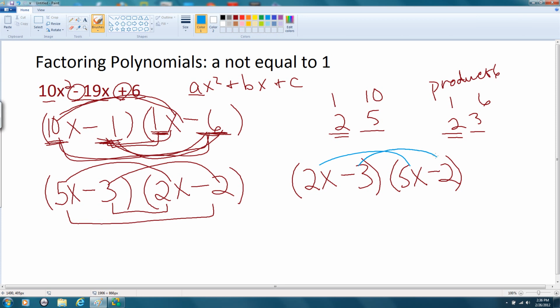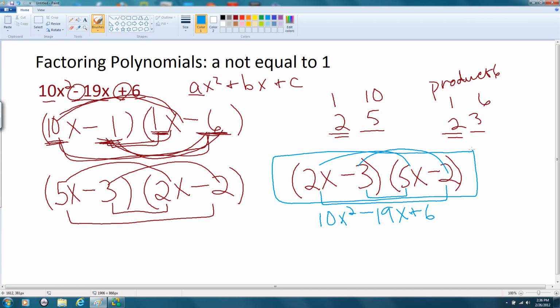Negative 3 times negative 2 is 6, which we want, and then we get negative 15x minus 4x, that's minus 19x. That's what we want. So that gives us exactly what we want, and so that's our answer right here.